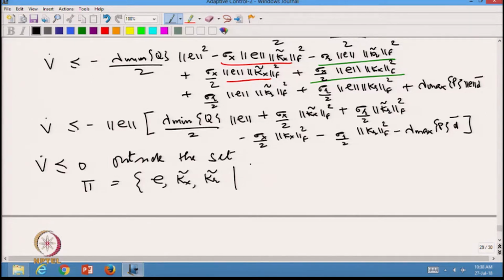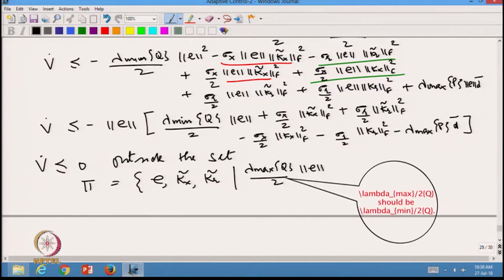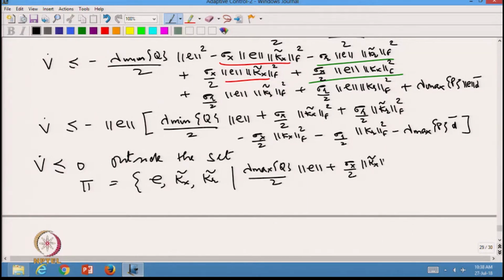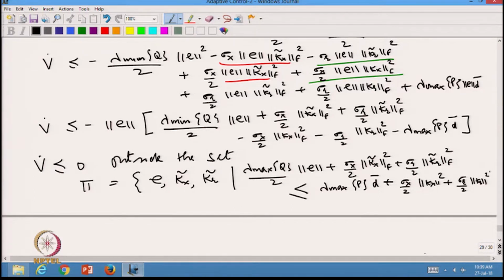So we can write that as lambda max of Q over 2 times norm of e squared plus, so let's collect the terms which are dependent on the states, sigma x over 2 kx tilde squared plus sigma r over 2 kr tilde squared, and that is less than equal to the constant terms, which is sigma max of P times d bar plus sigma x over 2 kx square plus sigma r over 2 kr square. Okay.